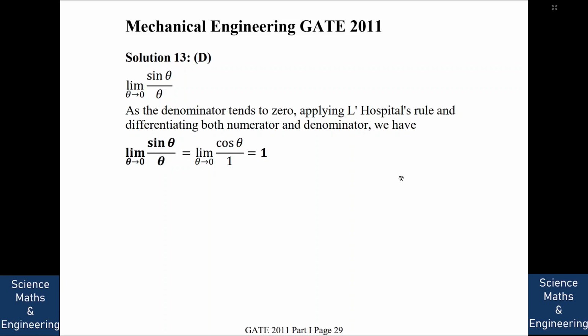So in such cases we use L'Hospital's rule and we differentiate numerator and denominator. As we differentiate, we get limit theta tends to 0 cos theta by 1. When you put theta 0, cos theta is 1, so 1 by 1 is 1. So limit theta tends to 0 sin theta by theta is equal to 1. So we'll go to the next question.